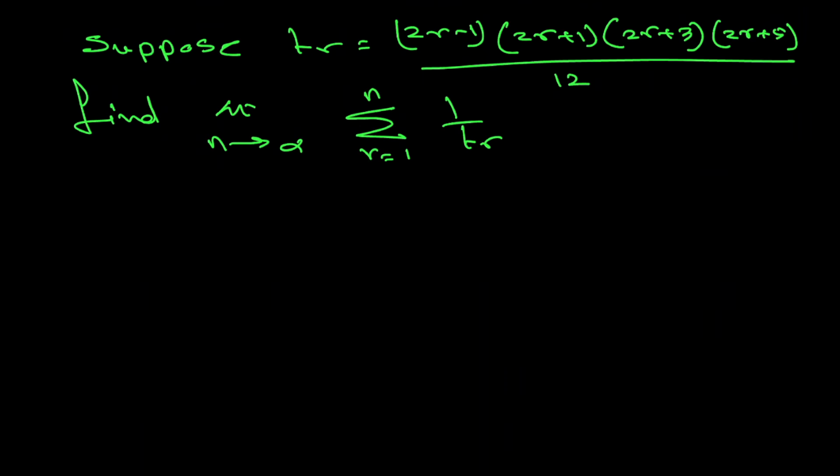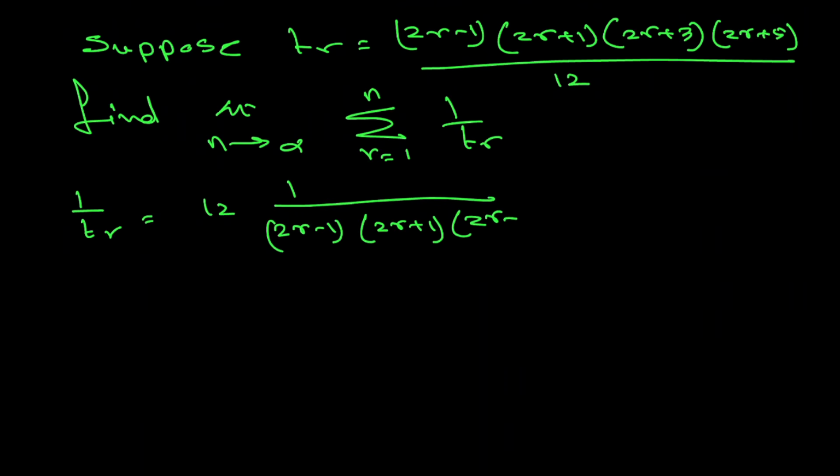So everybody, this is the question. Now, Tr we got. Therefore, 1 by Tr is coming what? 12 by (2r minus 1)(2r plus 1)(2r plus 3).